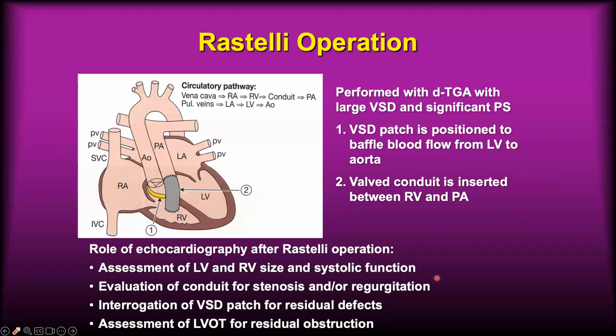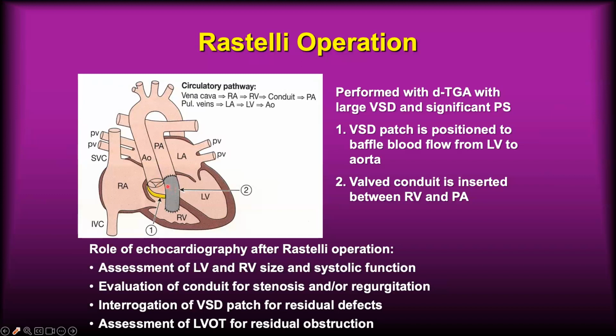This is kind of like a tetralogy of Fallot situation, somewhat similar, because you've got the VSD and the pulmonic narrowing on the right side. So we're taking advantage of this situation, where they can close the VSD with a patch, but position it so they can baffle the blood flow from the left ventricle to the aorta. You see it going right in through here.